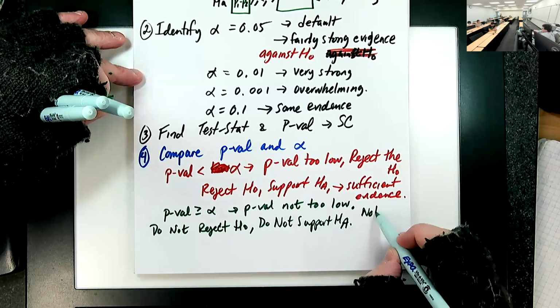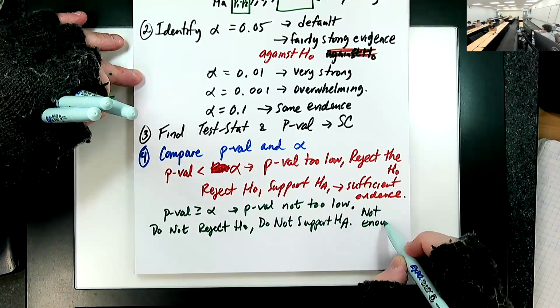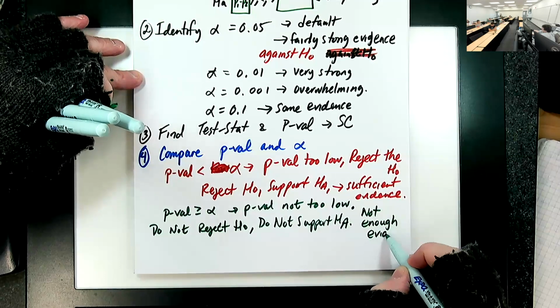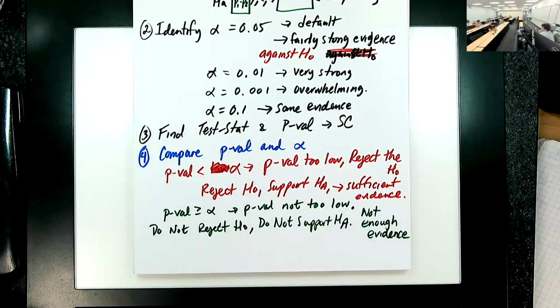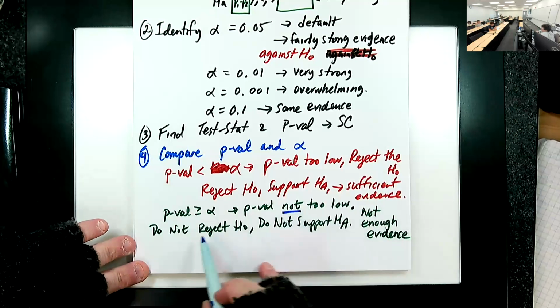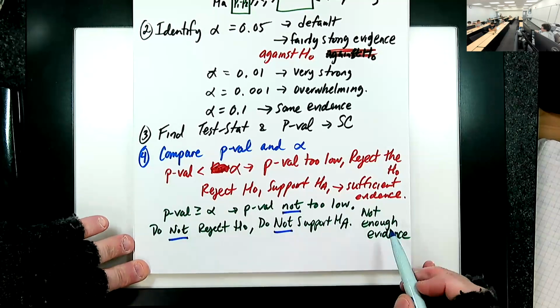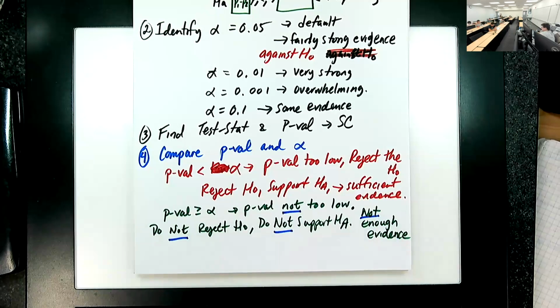And not enough evidence. All of our nots go together. It's not too low, we do not reject, we do not support, and there's not enough evidence.